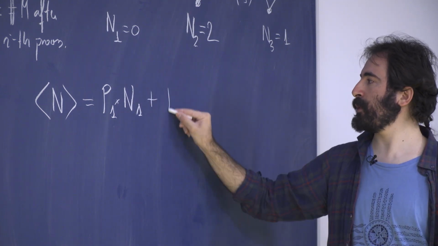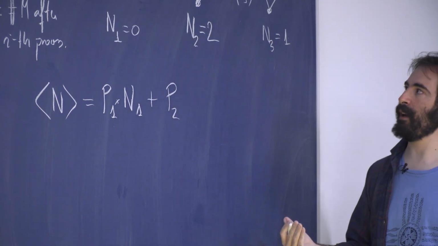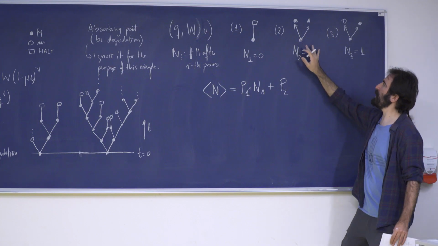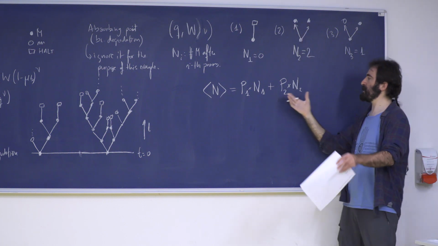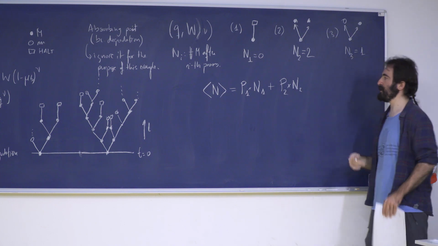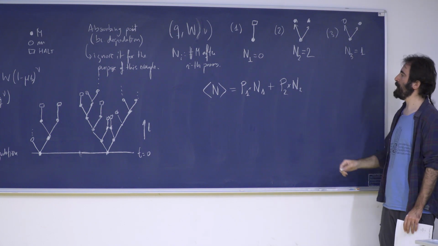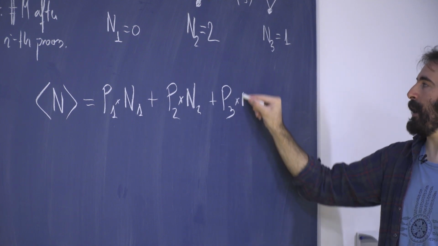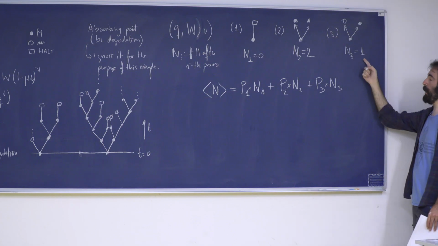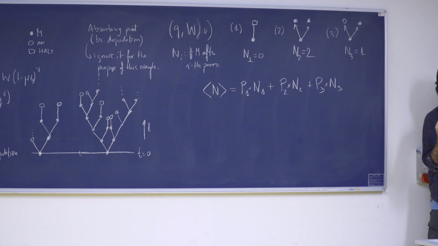What happens with probability sub 2? Well, with probability sub 2, I actually end up with 2 master sequences. So this kind of weighs this out somehow. Let's see where we can go with this. Finally, for probability 3, I end up having just 1 master sequence.